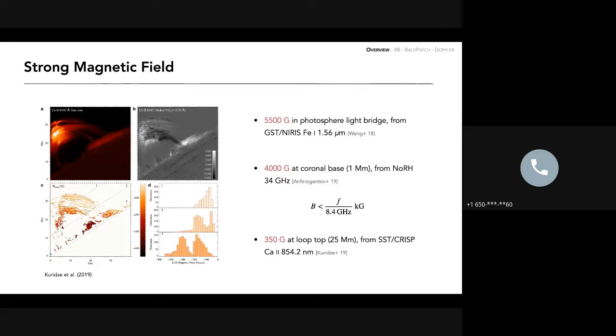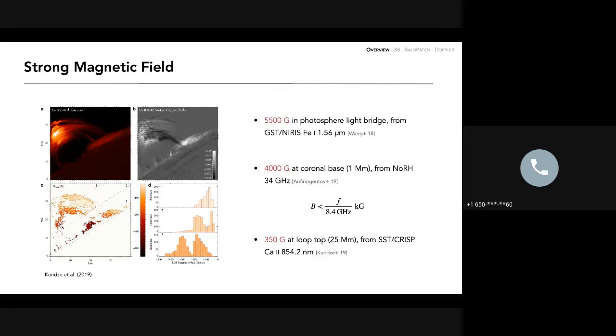That means you can estimate the minimal magnetic field, since everything above the fourth harmonic number is invisible. So assuming that you're observing the third harmonic, the minimum magnetic field is the frequency divided by 8.4. And you immediately get a 4,000 Gauss magnetic field strength at the coronal base, at about 1 megameter, based on comparison with extrapolation.